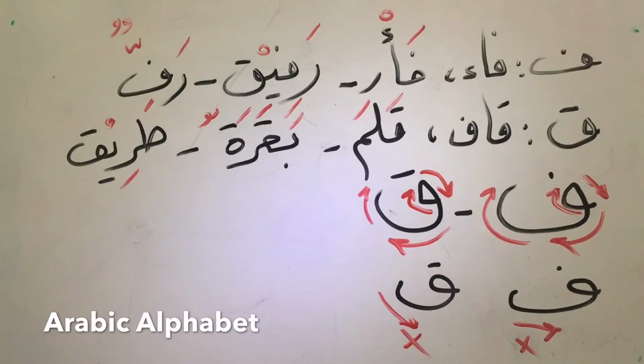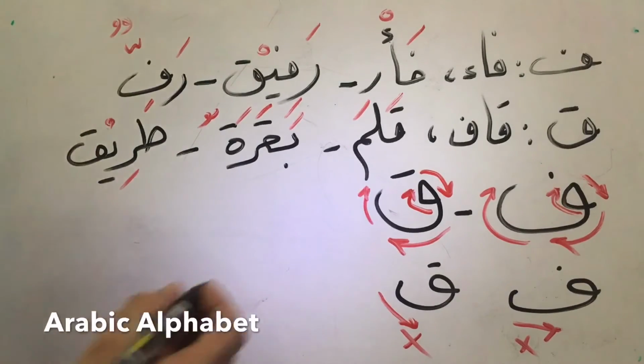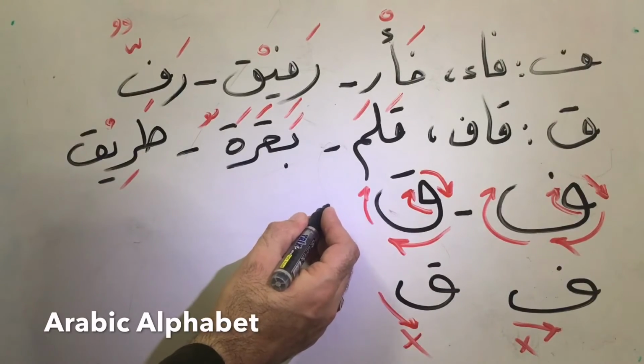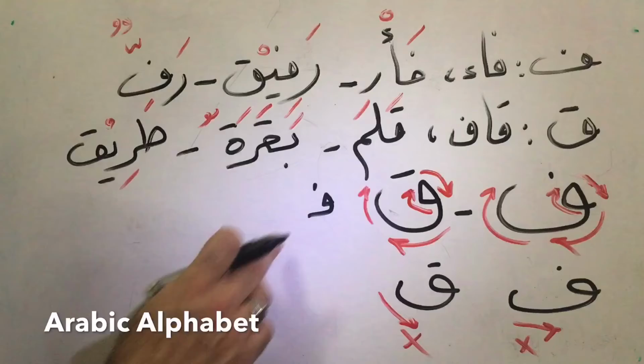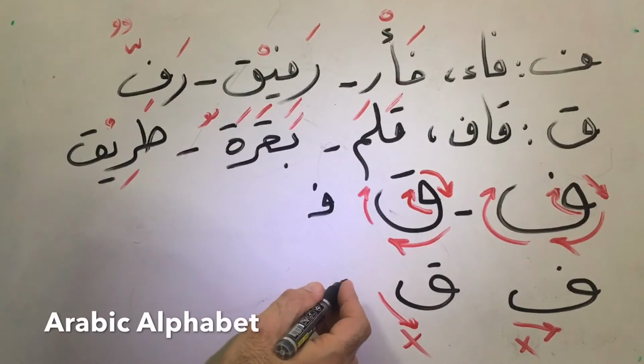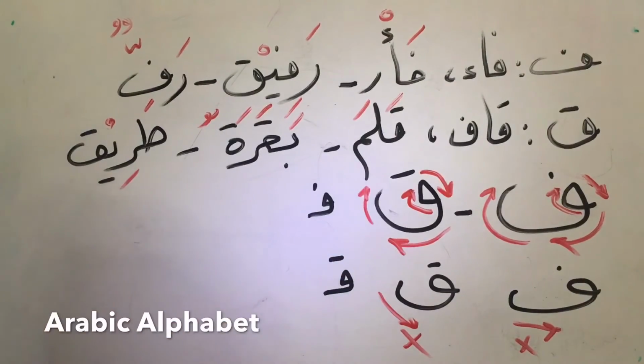If we want to know the exact ways of writing Fa and Qaf at the beginning, middle and end of the word, we can say Fa at the beginning, it is like this. It has a hand from here. Qaf, it is like this, the same.